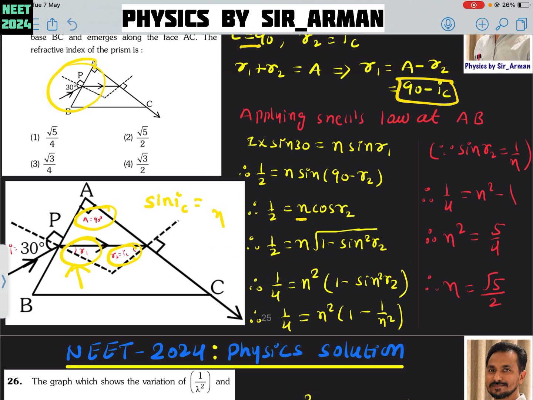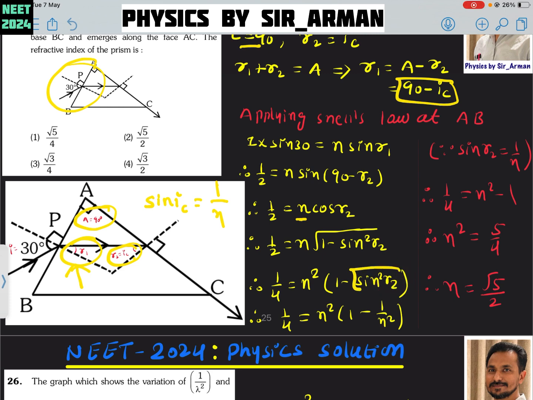Now sin theta is 1 by eta, because here R2 is a critical angle, and for that critical angle we can write sin IC is equals to 1 by eta.